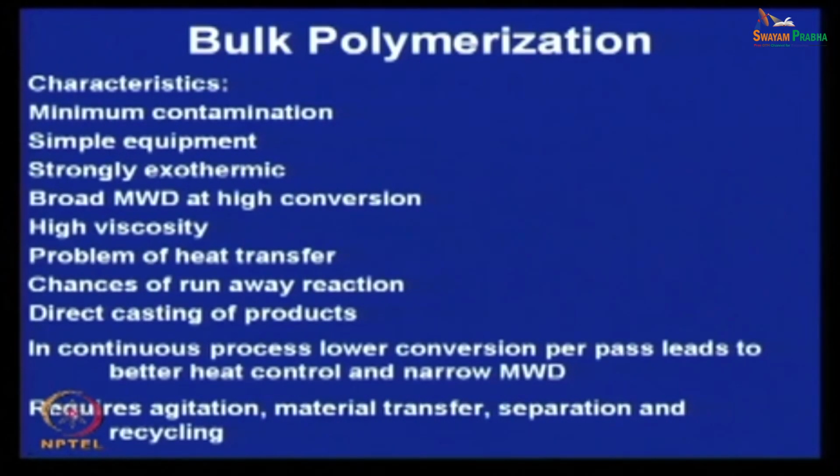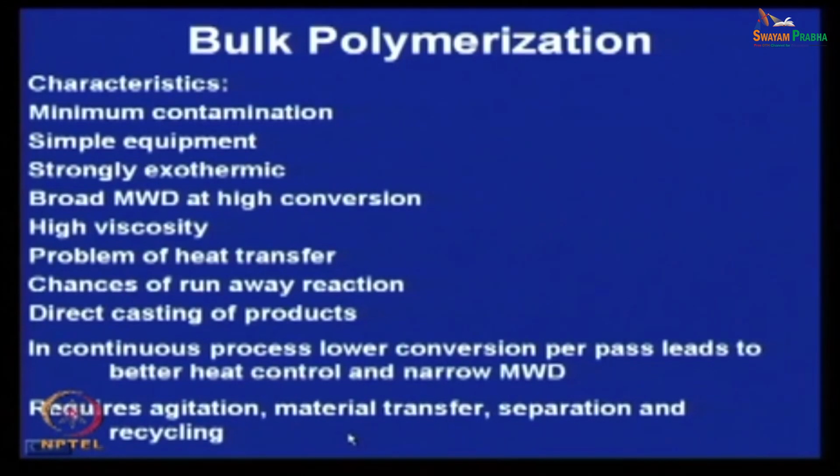As you have seen here, for high conversion there is broad molecular distribution. In order to avoid such broad molecular distribution, one can carry out continuous polymerization, continuous batch process, where since the conversion is low, low conversion per pass, here molecular distribution will be narrower instead of broad. And in order to get such good narrow molecular distribution and good spectrum of properties, it needs agitation and it needs material transfer.